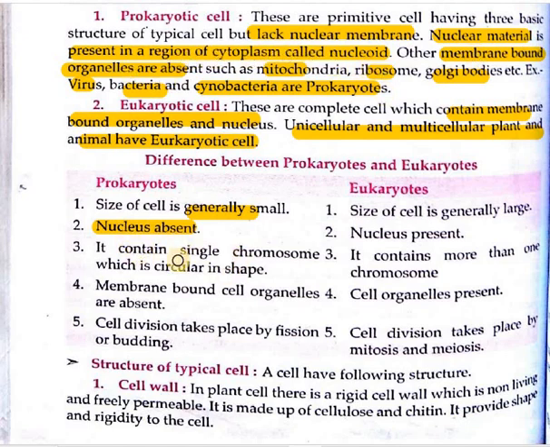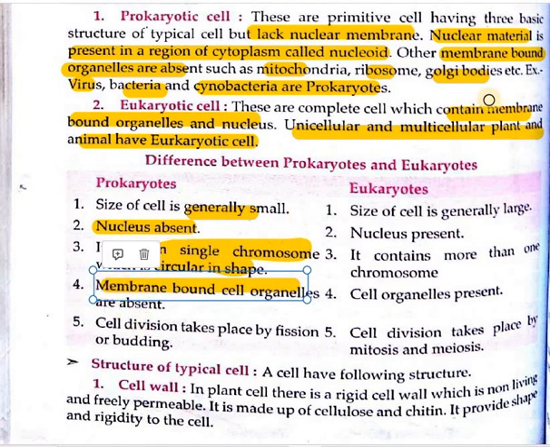It contains a single, circular chromosome. Membrane-bound cell organelles are absent, such as mitochondria. Cell division takes place by fission or budding.